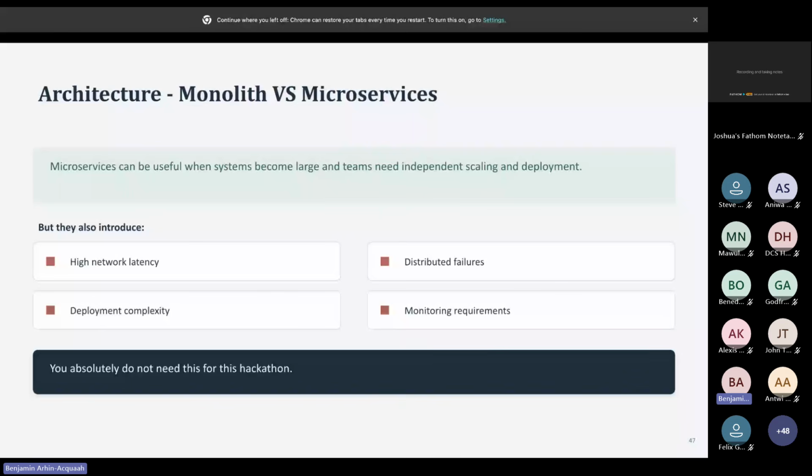And as you can see, for this hackathon, you have no business doing microservice. Please keep it simple. So a monolith, on the other hand, like he said, you have everything in one single deployment, right? And you have everything sitting in that. Once you deploy it, everything goes.